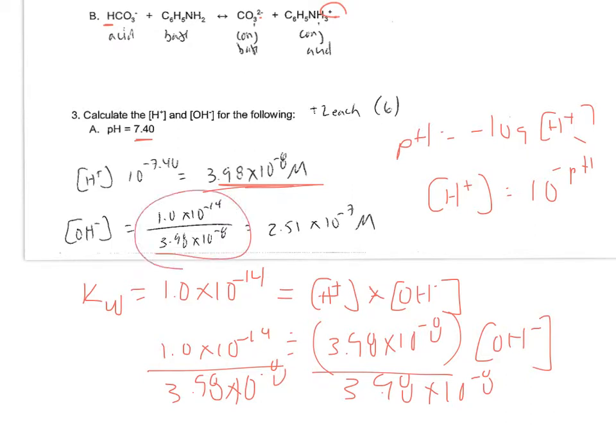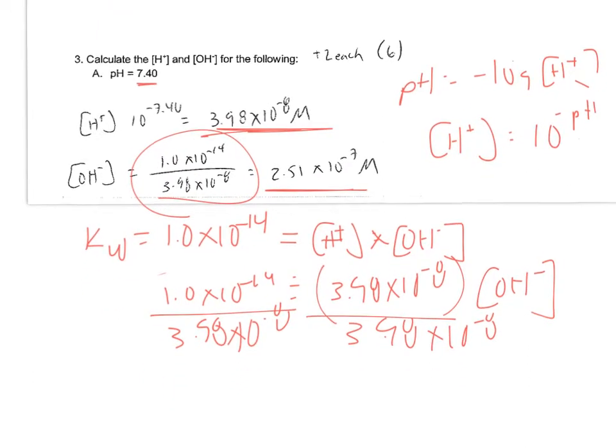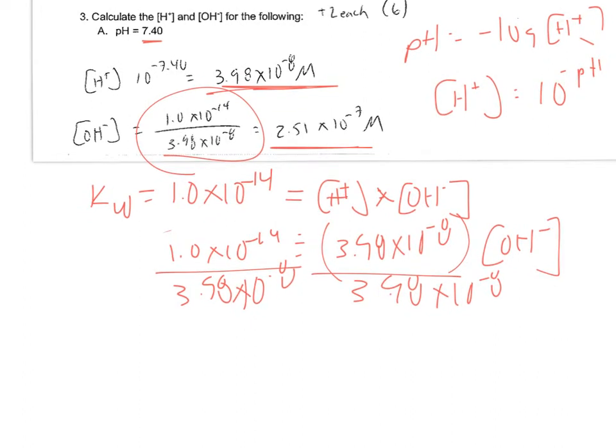And then this will give me my OH concentration of 2.51 times 10 to the -7th. Now the other way some folks did this, and this is just fine, is they realized that pH plus pOH have to add up to 14. So if my pH is 7.4, I can take 14 minus 7.4, and I end up with 6.6, and that's my pOH.